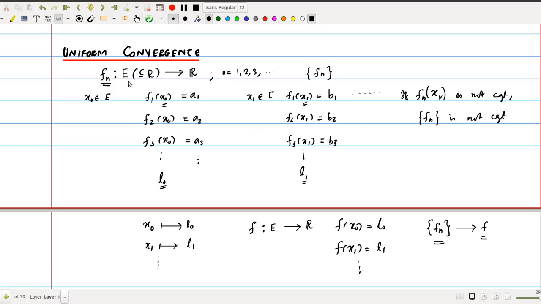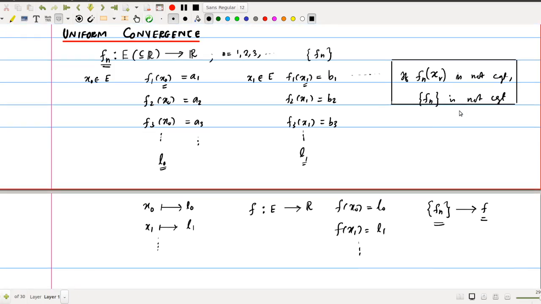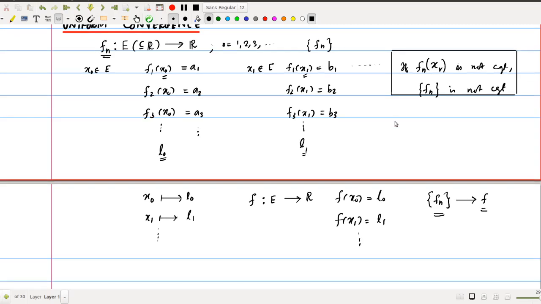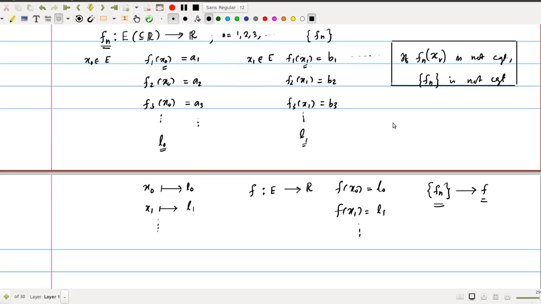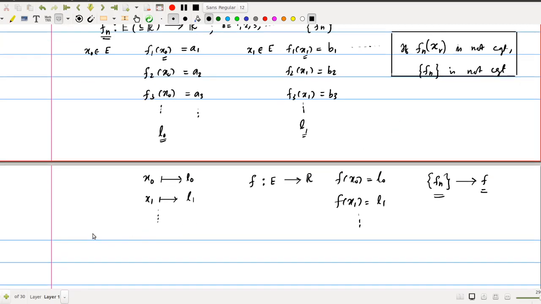For any x belongs to E, the sequence of real numbers fn of x should be convergent. This convergence is called pointwise convergence.